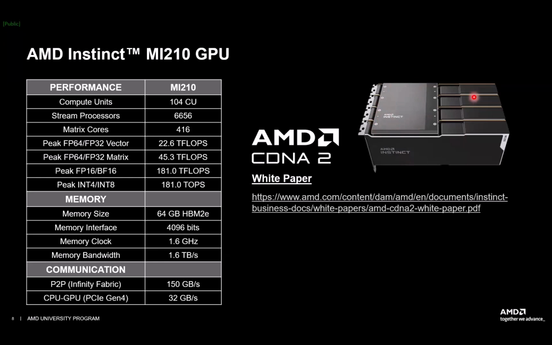So it's actually 300 gigabytes per second, since you can overlap both directions at once. These GPUs are connected with PCIe Gen 4 to the CPU, so speeds of up to 32 gigabytes per second unidirectional. I have a link here for the white paper as well, if you're interested in learning more fine-grained details about the architecture.